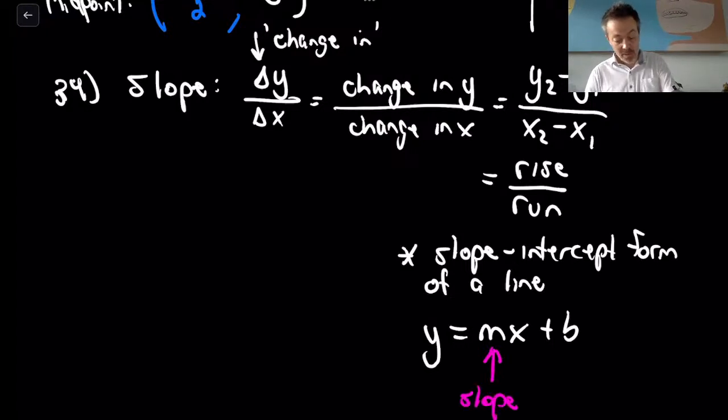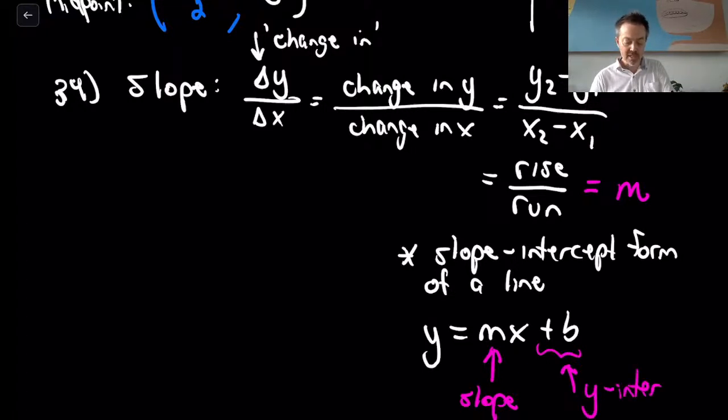So the slope, almost always, is denoted by the letter m. And this value of b is going to be the value of the y-intercept, which is the y-coordinate of where your line crosses the y-axis. Okay, so all of these are equivalent ways of thinking about slope. And they're all useful, so you want to know them all.